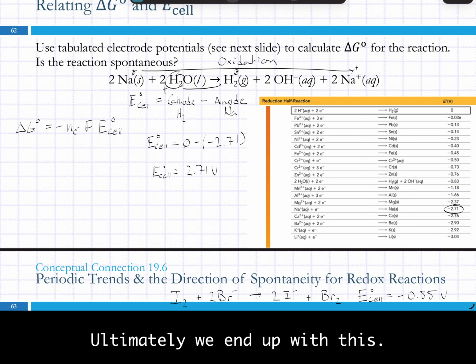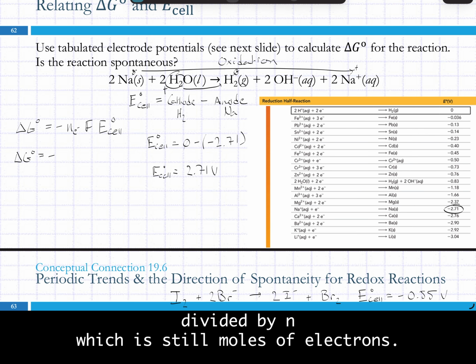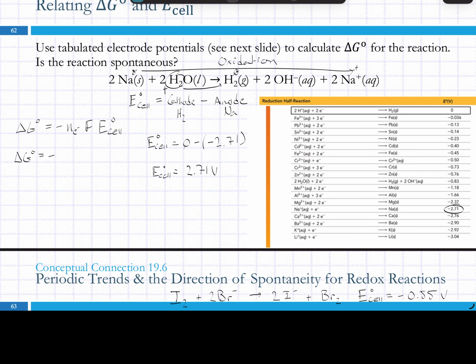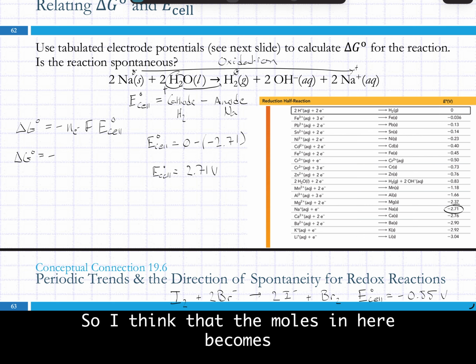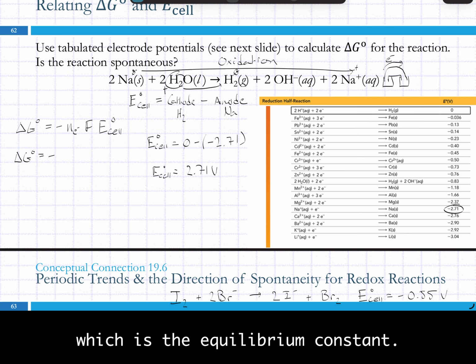Ultimately, we end up with this. E cell is 0.0592 volts divided by n, which is still moles of electrons, times the log of K, which is the equilibrium constant.